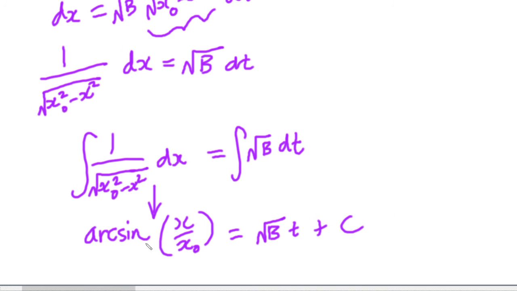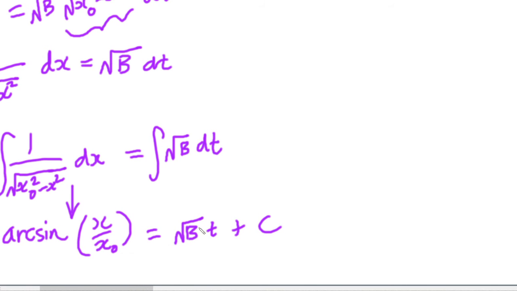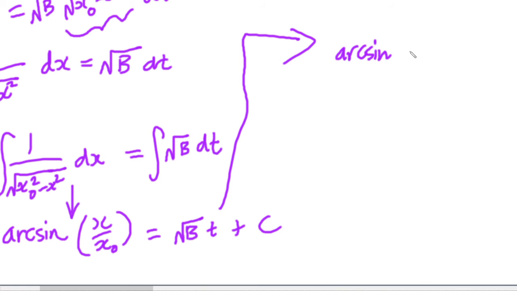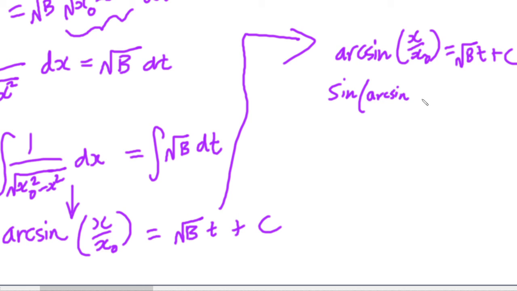Or, in other words, solving this equation for x in terms of t, knowing that arc sine x over x0, where x0 is our amplitude of the motion, is equal to root b t plus c. We take the sine of both sides, sine of arc sine x over x0 is equal to sine of the right-hand side, and sine of arc sine of anything is the thing inside the arc sine.